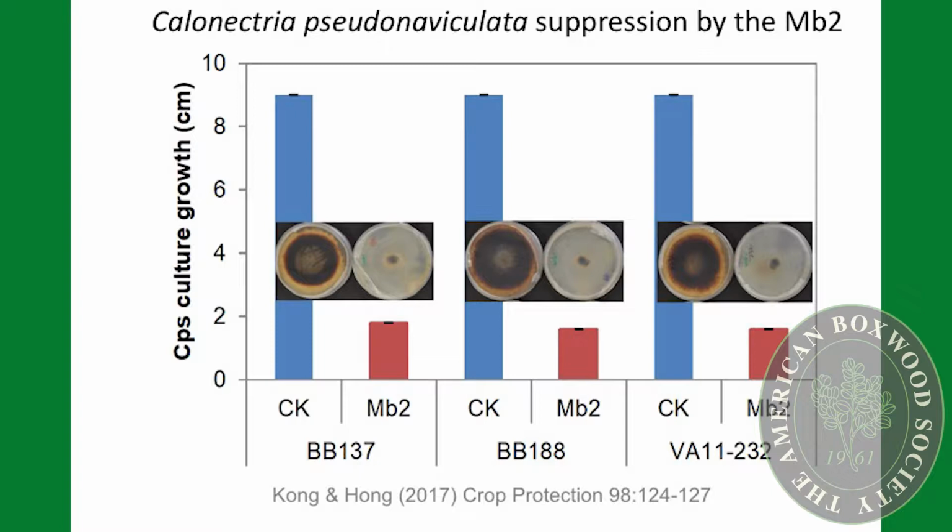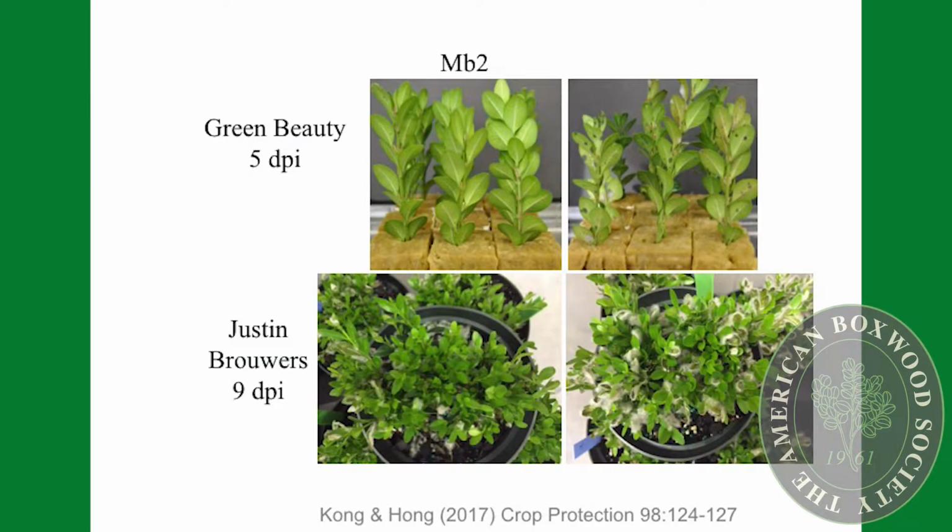It's really good to see that happening in the lab, and you hope that the same kind of thing transfers when you take the organism outside and ask it to do a real life situation. And here's sort of a growth chamber greenhouse kind of trial showing you something along those lines.